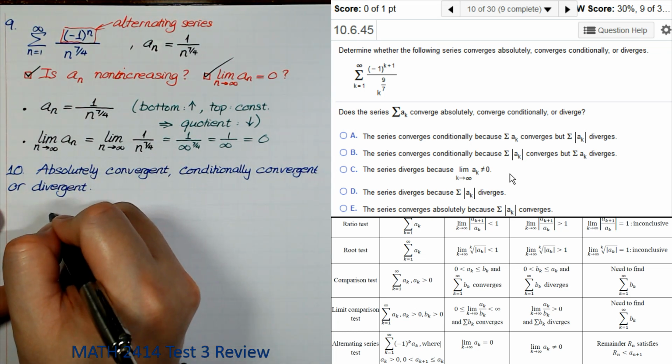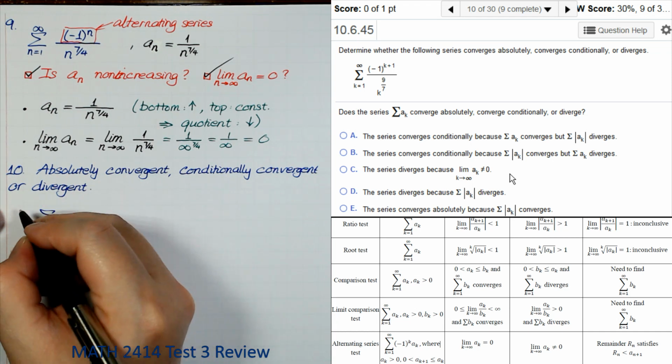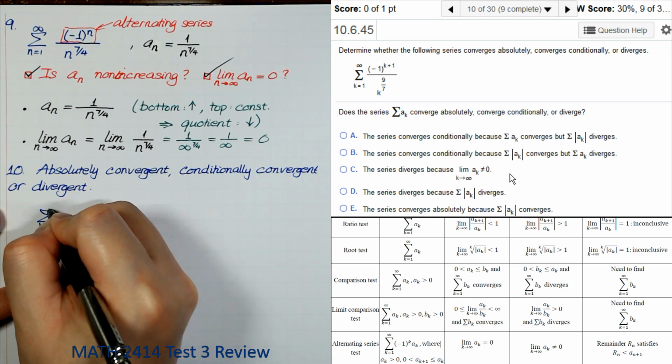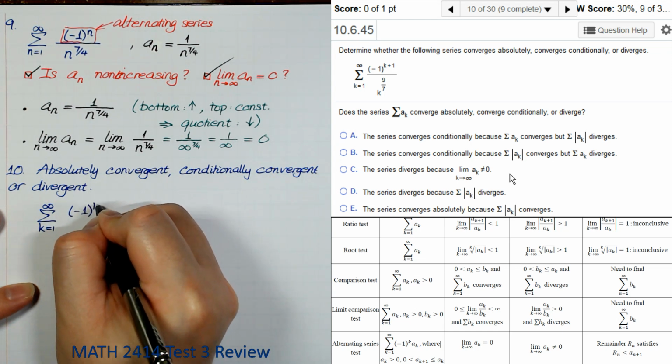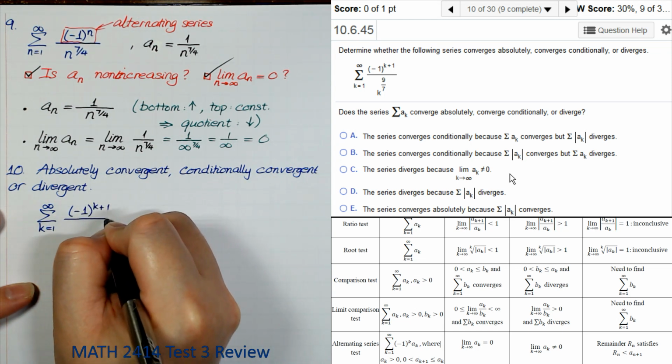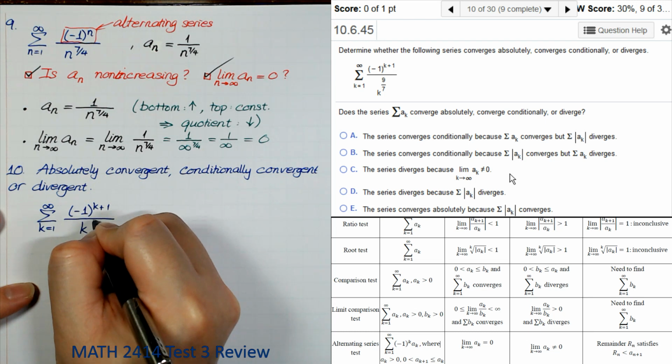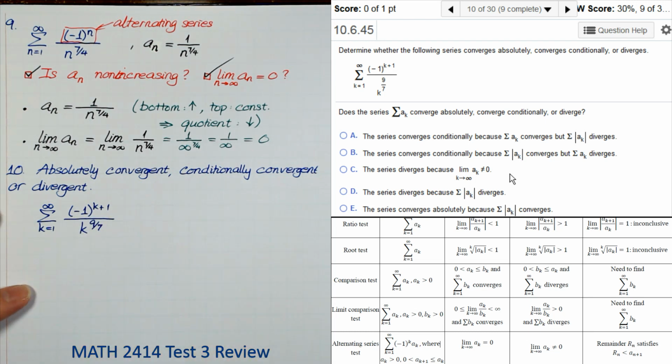And we have this series, which is an alternating series.